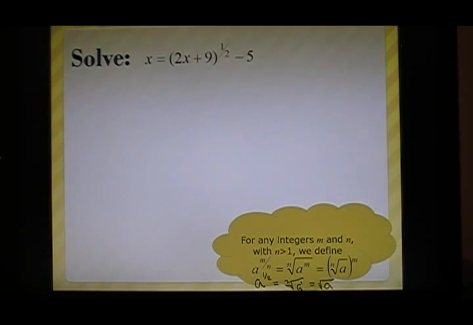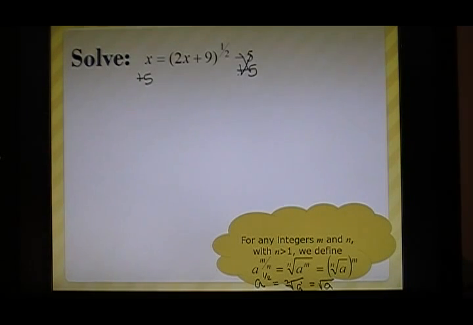So anytime you see something to the 1/2 power, that's the same thing as the square root. Okay? If you want, you can rewrite this as the square root of. It's not necessary to do so. I'll show you something else.